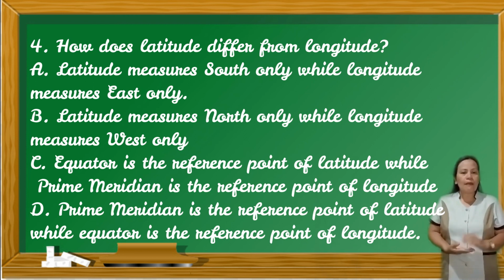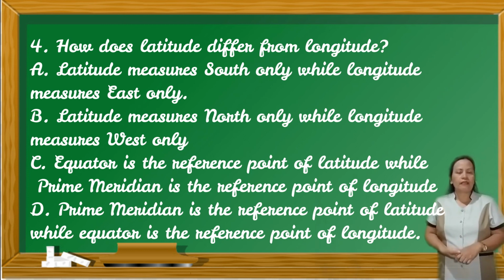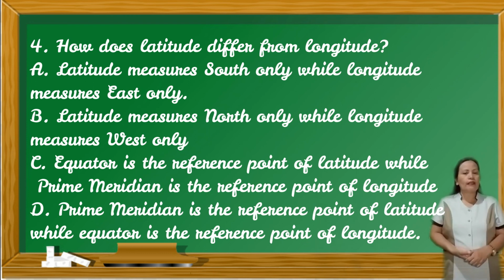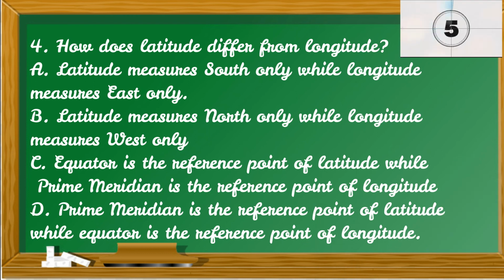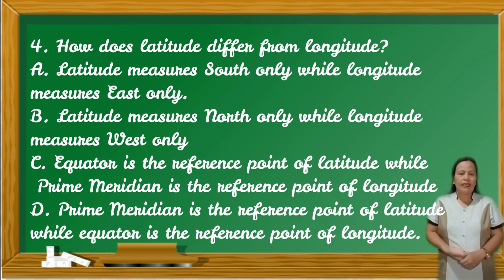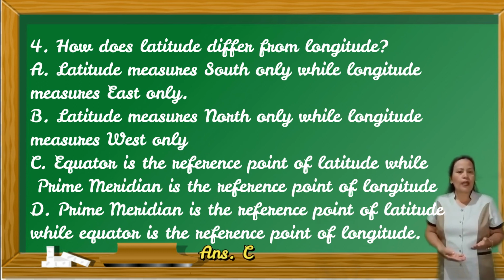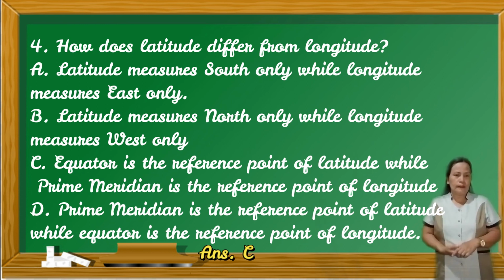D. Prime meridian is the reference point of latitude, while equator is the reference point of longitude. Great! The correct answer is letter C. Equator is the reference point of latitude, while prime meridian is the reference point of longitude.